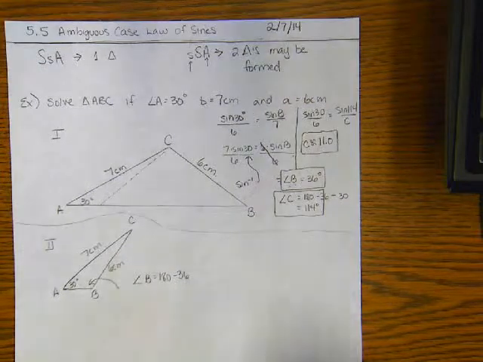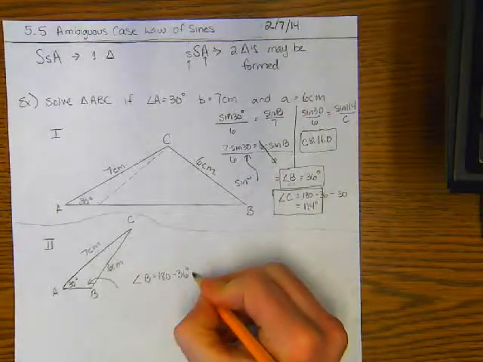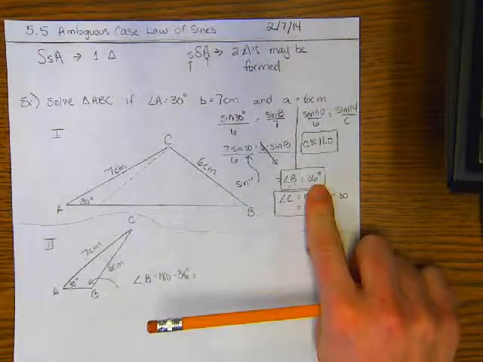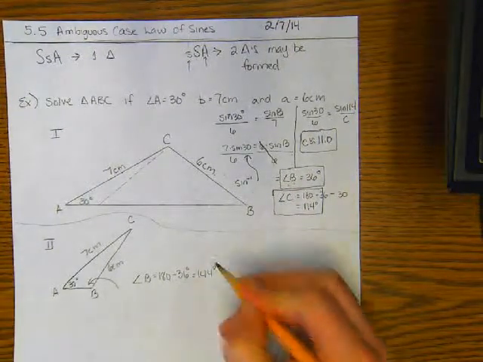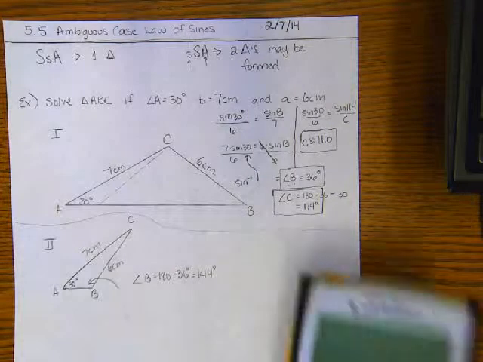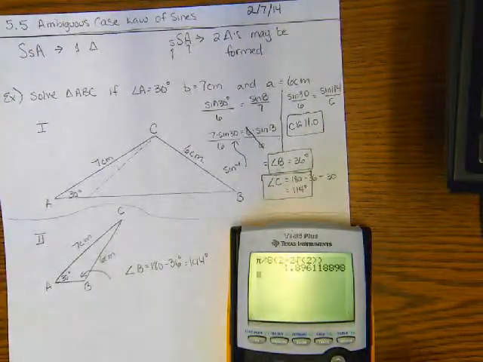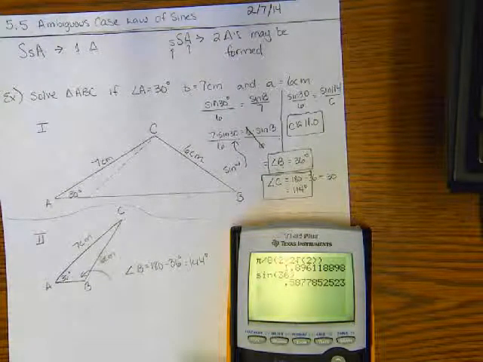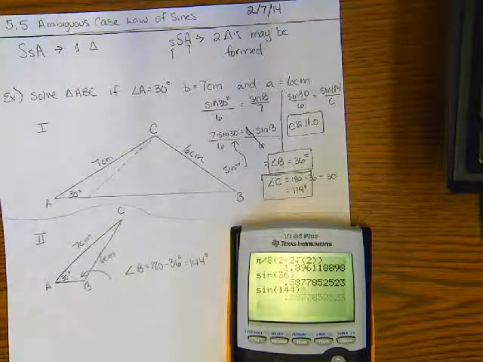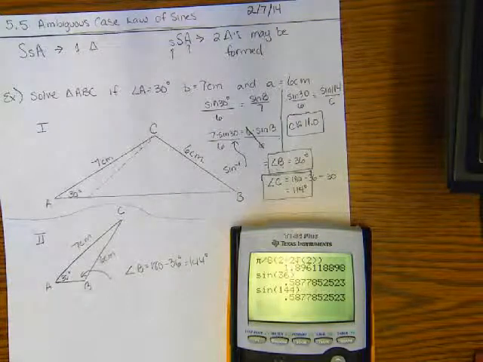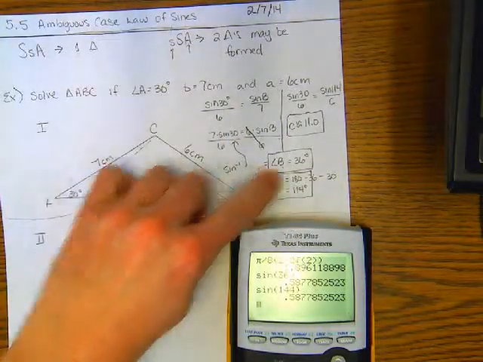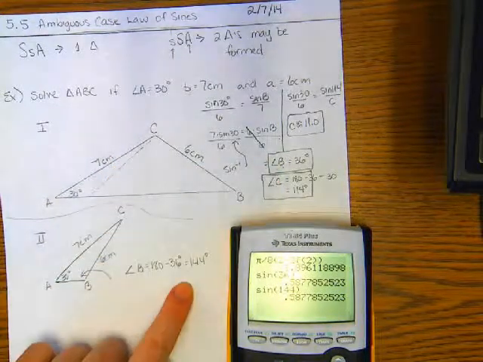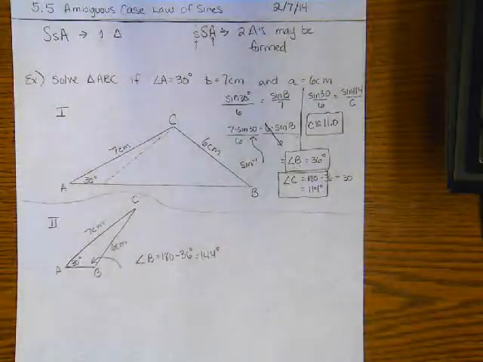I got that 36 from up here, and that is 144. Just to show you why this works, let's take the sine of 36 and the sine of 144, and we confirm that we get the same thing. So there are two values when we take the sine inverse here, but our calculator only gives us the 36. We have to find the 144.